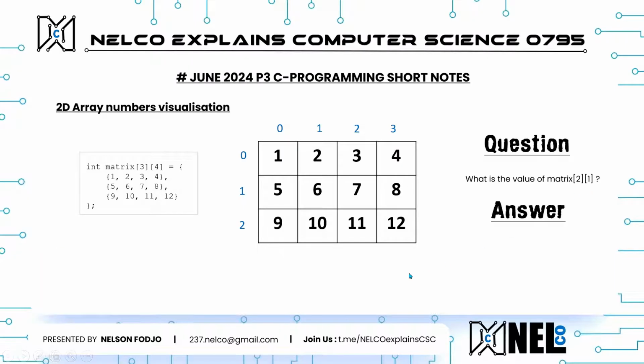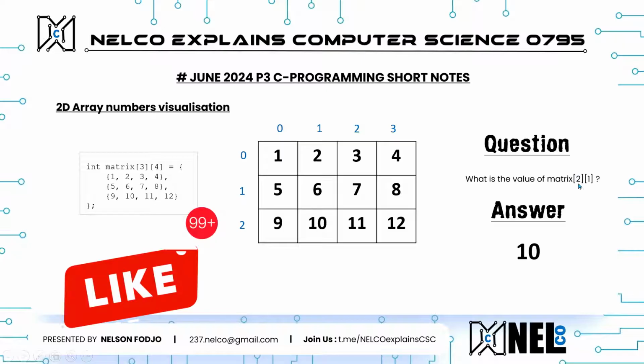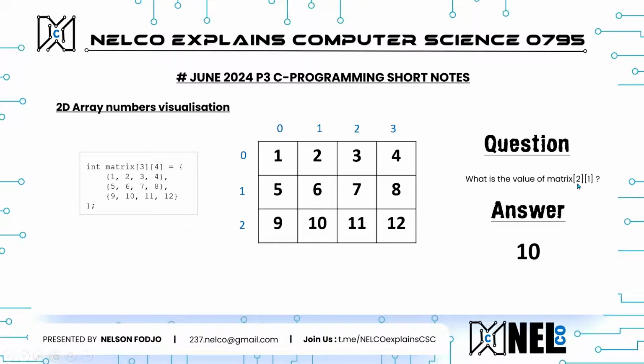Good. So if you have done that correctly, your answer should be 10. If you look at it very well, for row at index 2, that means row 3, we go to row 3, which is here, 1, 2, 3, row 3, column 2, 1, 2.